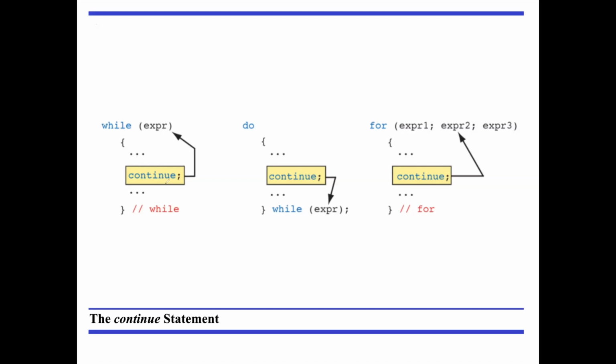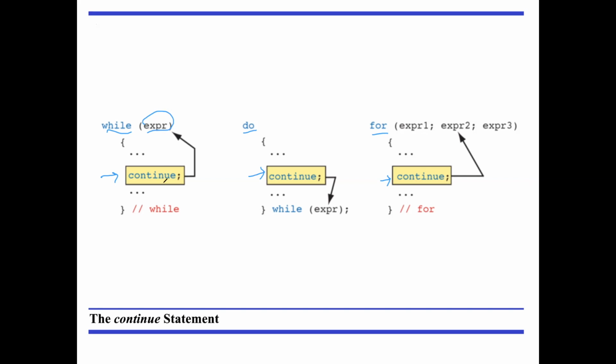So the continue keyword is also available in various looping structures, like while loop, do while, and for loop. Wherever you see a continue, let's say in the middle of your loop, continue simply takes your entire flow of control back to the conditional associated with that looping structure.